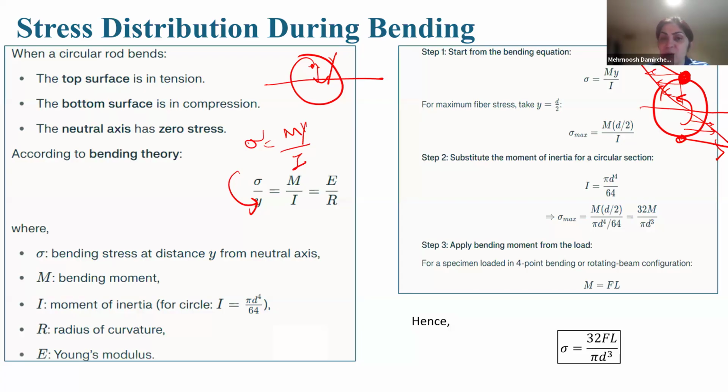If we substitute here, we reach sigma max equals 32 M, where M is the bending moment, if you remember, per pi d cubed, where d is the diameter of the beam or structure. Okay, and the distance between where the force is applied and this point is L, so the moment is F times L. Substituting here, sigma max is 32 FL per pi d cubed.